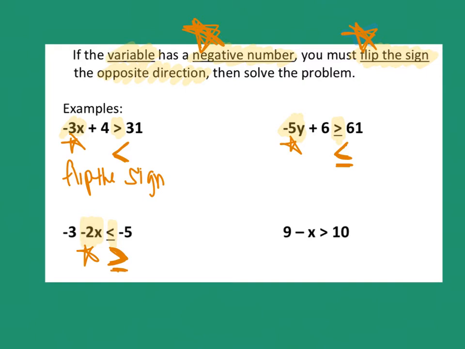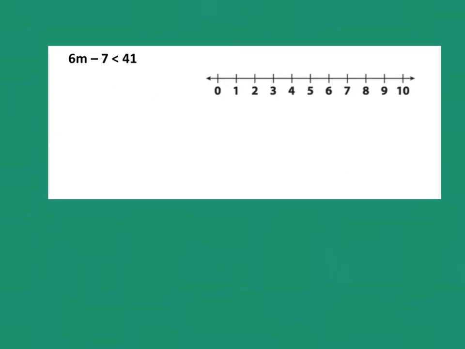And the last one says negative x or negative 1x. So that means I would end up flipping that symbol the other direction when I get ready to say my answer.